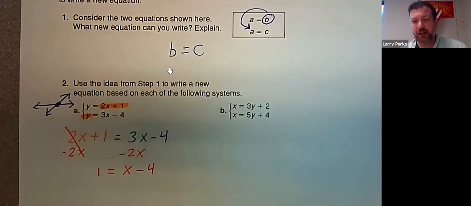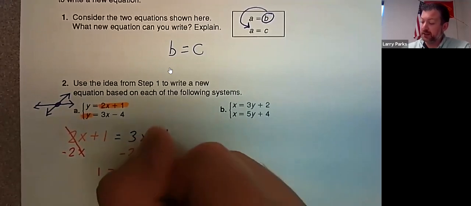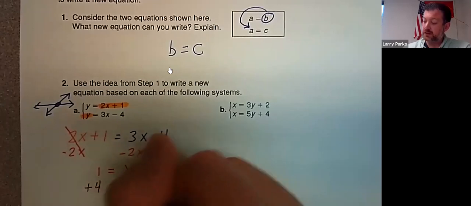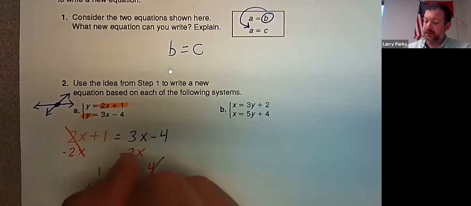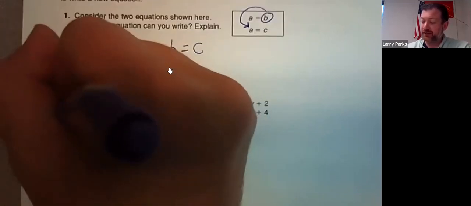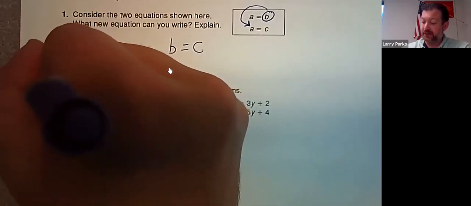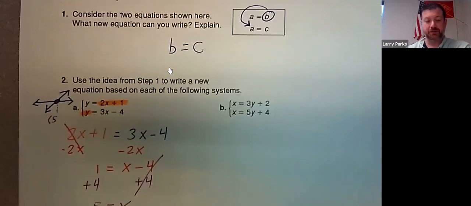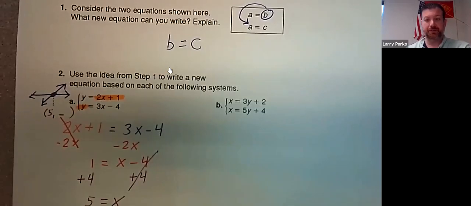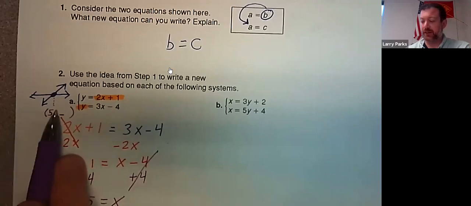And then from there, I would add 4 to both sides. And I get x is 5. So what that means is the x value right here is 5. And we need to find the y value. So they intersect 5 over.